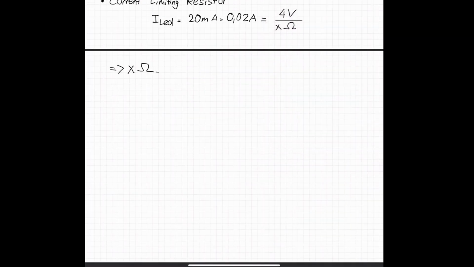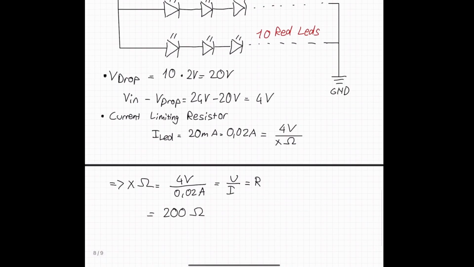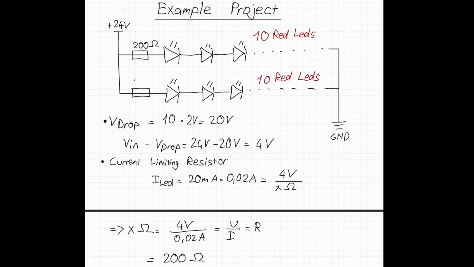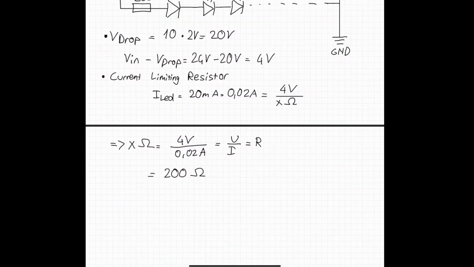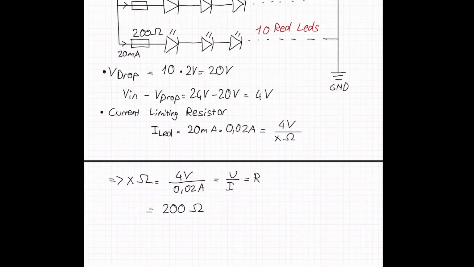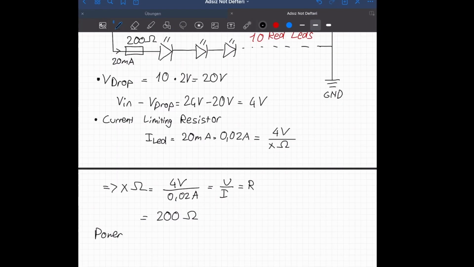To find x, we change the equation to 4 volts divided by 0.02, which, let's calculate on the calculator, is 200 ohms. So we can use a 200 ohm resistor at the beginning of each parallel branch to achieve 20 milliamps.